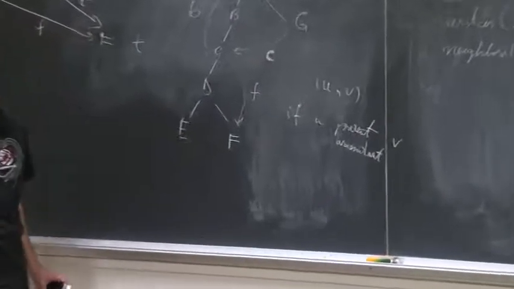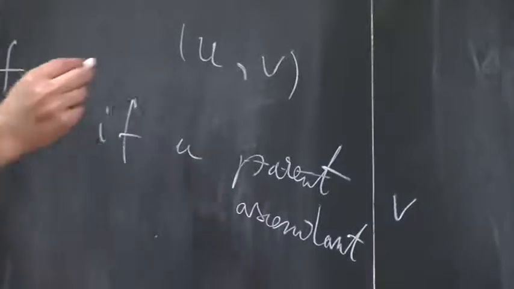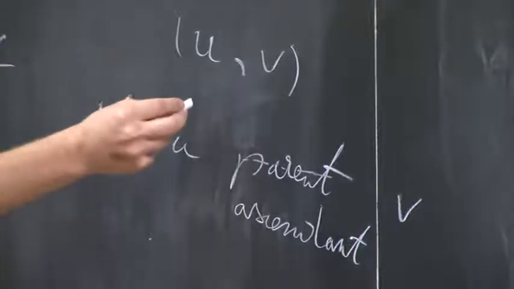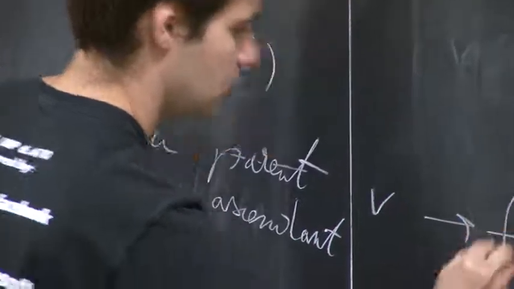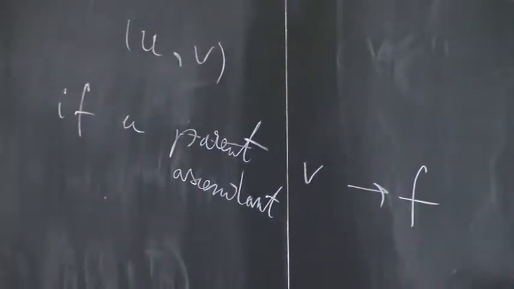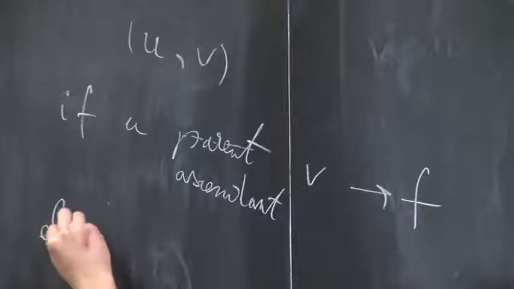Then what kind of edge is it? That's the forward edge between them. So the edge is from U to V. If U is an ancestor of V, forward edge. Good. Otherwise, you check if V is the ancestor of U. Okay.